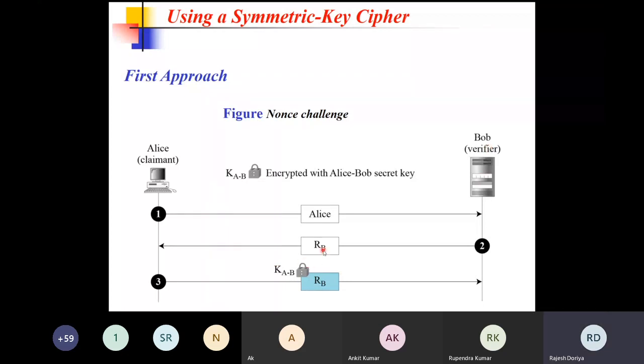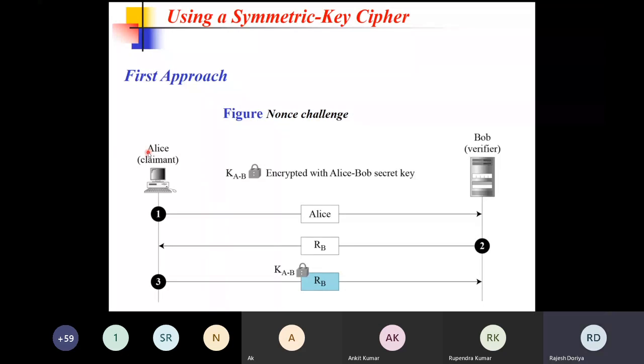Bob decrypts this message and gets his nonce number back. If the nonce number is the same as the sent one, that means Alice is the legitimate person who is trying to access Bob.